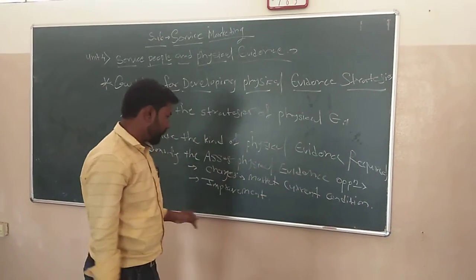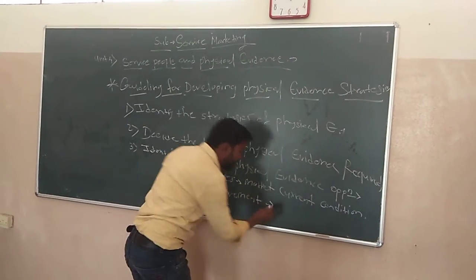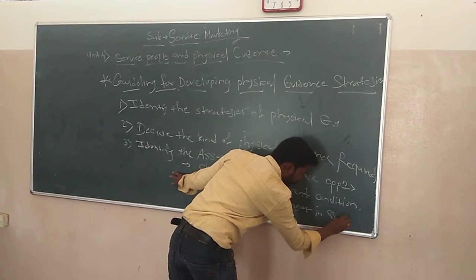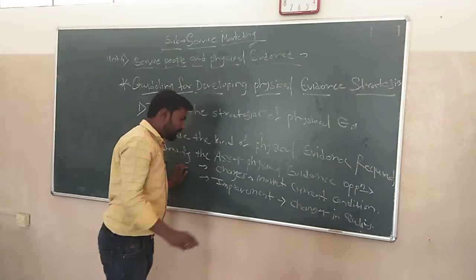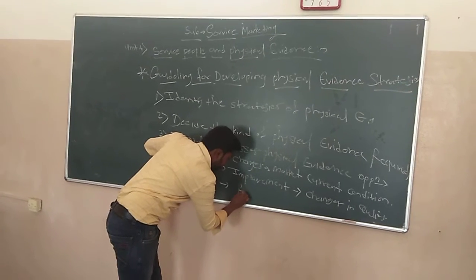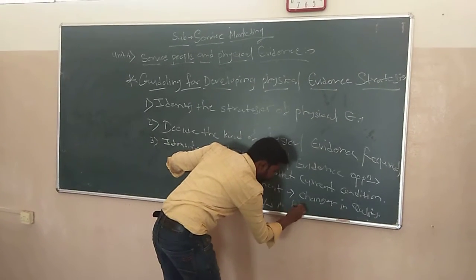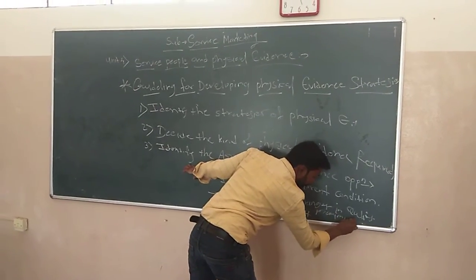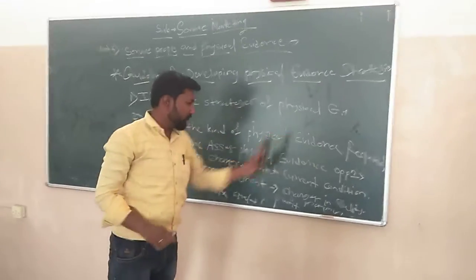Improvement is related to change in quality, and automatically it fixes the goal in profit management. Okay, that is identify and assess physical evidence opportunity.